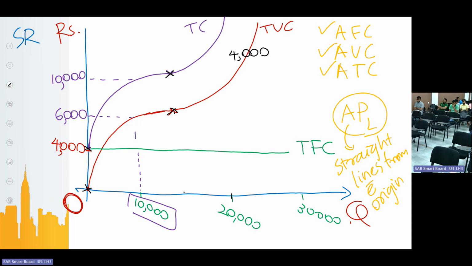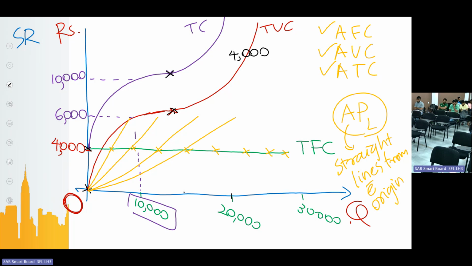So let's do that. I draw straight lines to each point on average fixed cost. Like this. I draw straight lines from the origin. To each and every point, I draw straight lines.